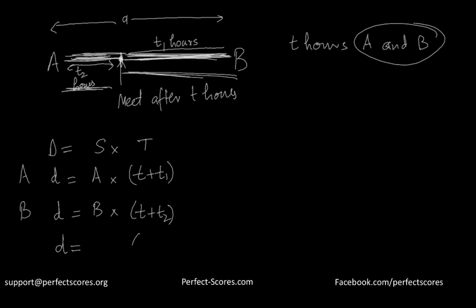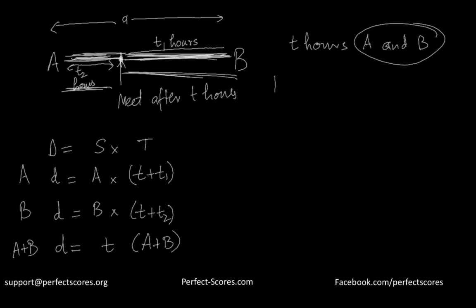So their relative speed is A plus B because they're coming towards each other, and it takes them t hours to cover this distance. So this is for them together, that is A plus B. So distance is equal to speed into time. When they're coming towards each other, their relative speed is A plus B, and their time is t, and this is distance d. Now I have these three equations.